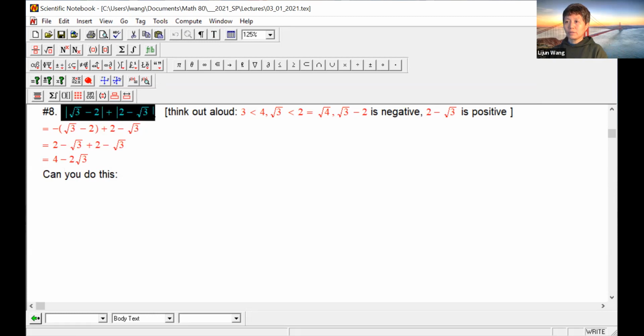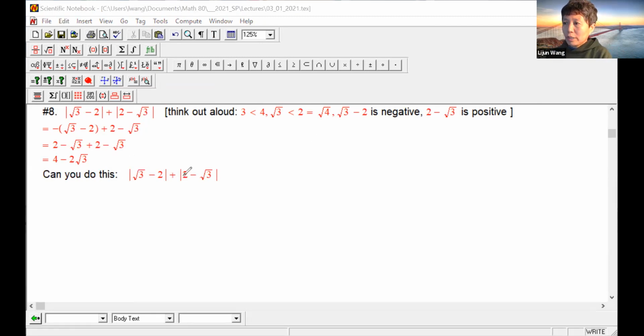Can we do this? Look at that. We have a root 3, negative root 3, negative 2, 2. I'm just going to cross them out. We get 0. How about that? Can you do that?